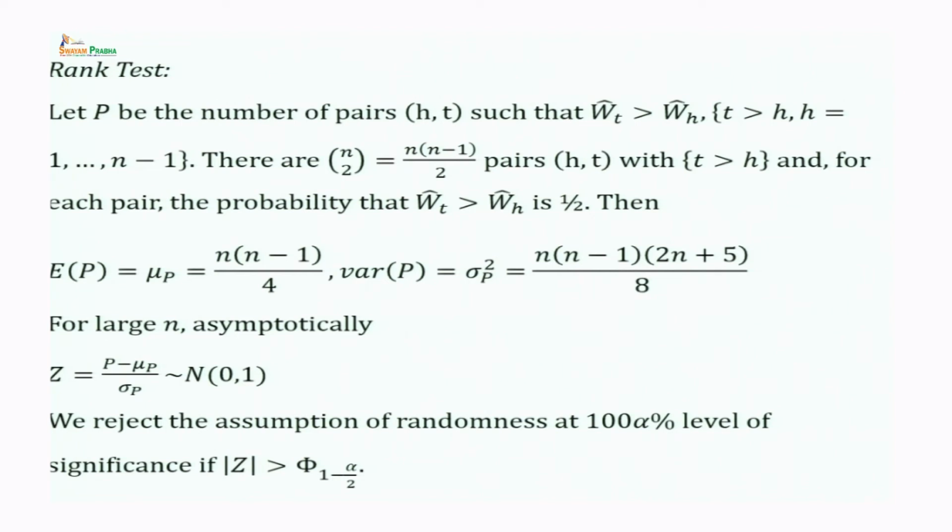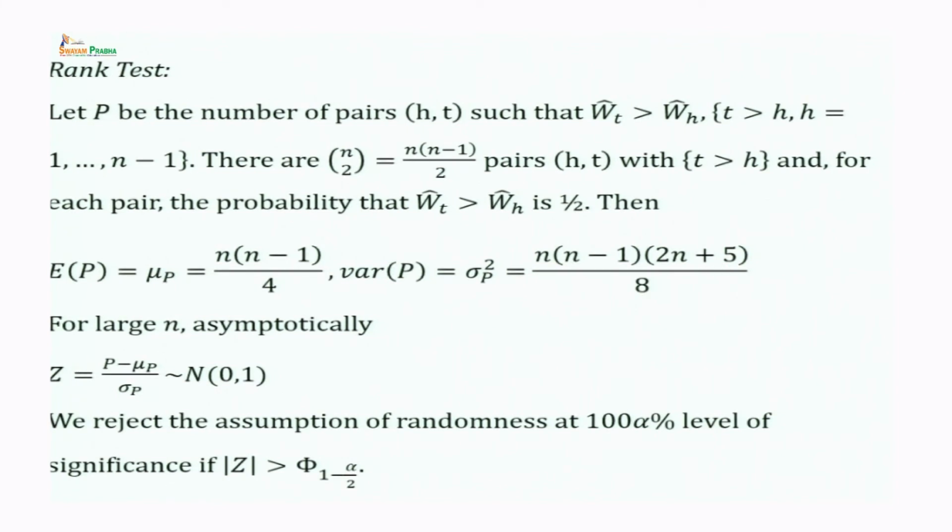So, suppose P is the number of such pairs, then the expected value of P is equal to mu P equal to n into n minus 1 by 4. You multiply it by the corresponding probability 1 by 2, and variance of P is equal to n into n minus 1 into 2 n plus 5 by 8.